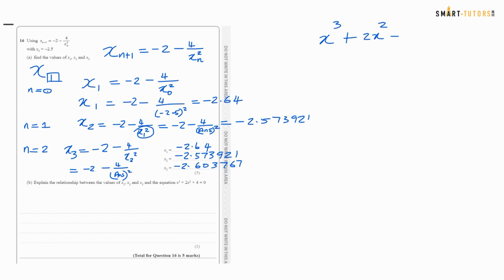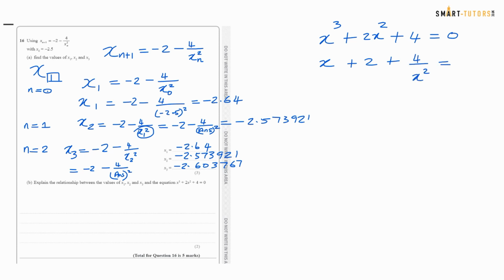2x squared plus 4. Right, so they try to understand, it's a 2 marks question. So x cubed plus 2x squared plus 4. Right, so if you look at the equation, this equation equals 0.